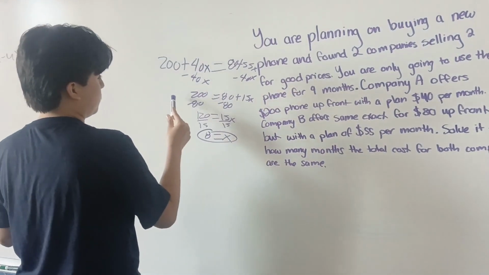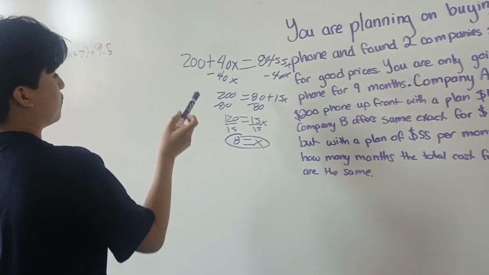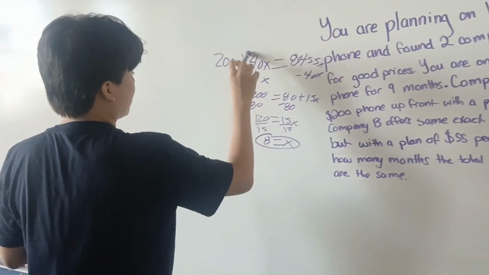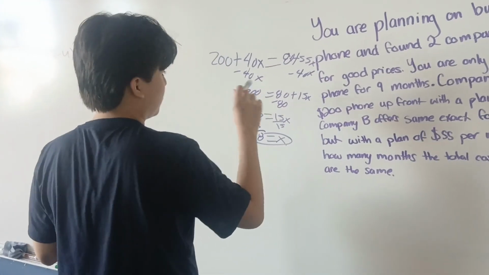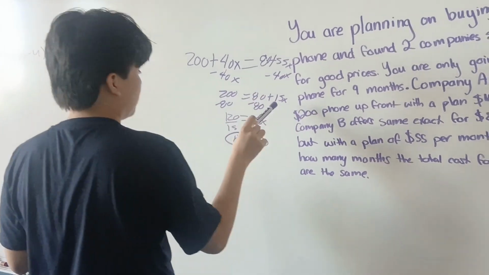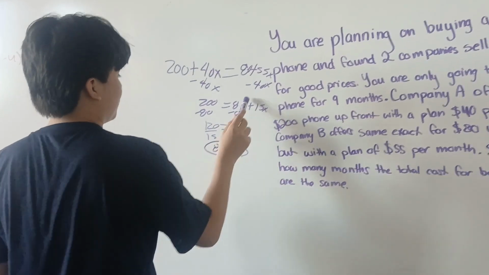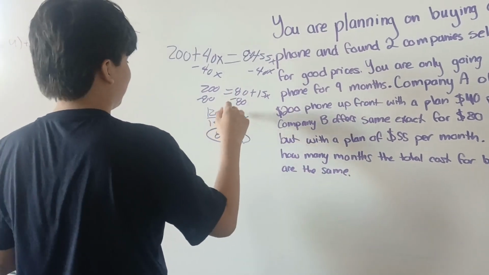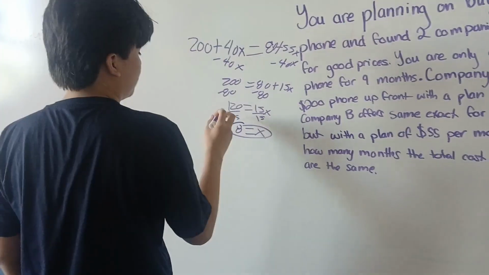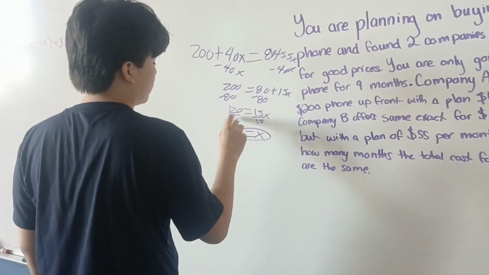So minus 40x on both sides. First I minus 40x, which cancels out this one, and then 55x minus 40x is 15x. And then I did minus 80 to both sides, which cancels this, and makes 120.